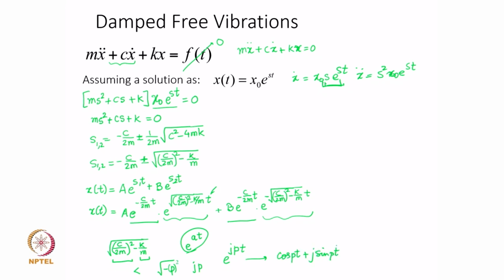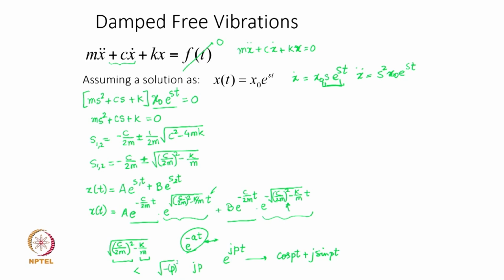Isn't it, right? So, instead of a solution which has e to the power a t, in this particular case this is going to be minus a t. The reason why I have changed this e to the power a t to e to the power minus a t is that if you club the first exponential term, e to the power minus c by 2 m t, and e to the power square root of this entire term t, the second exponential term will have the coefficient of t smaller than c over 2 m of the first exponential term.